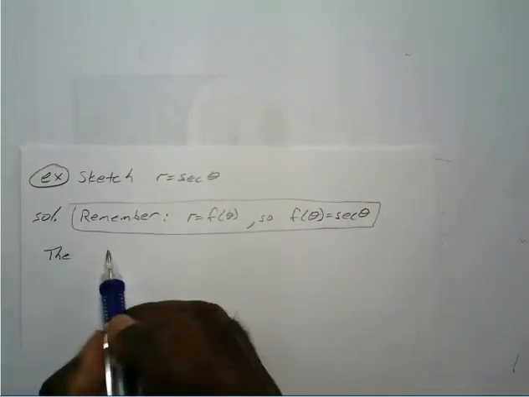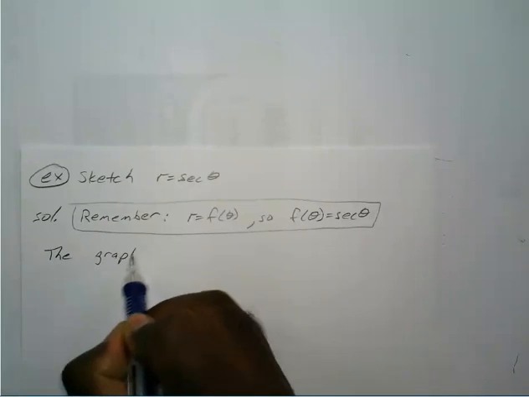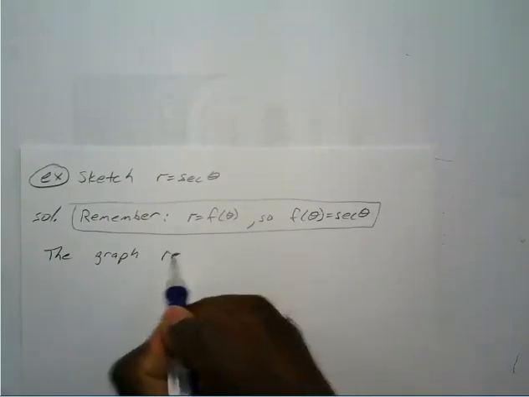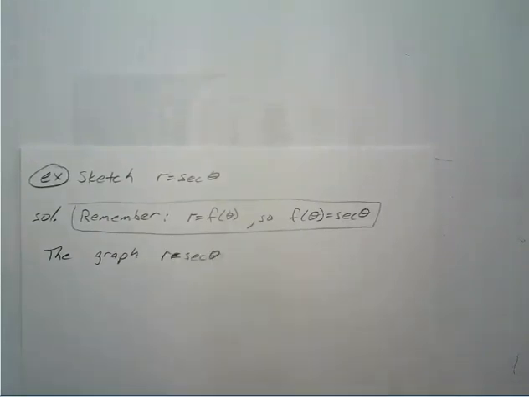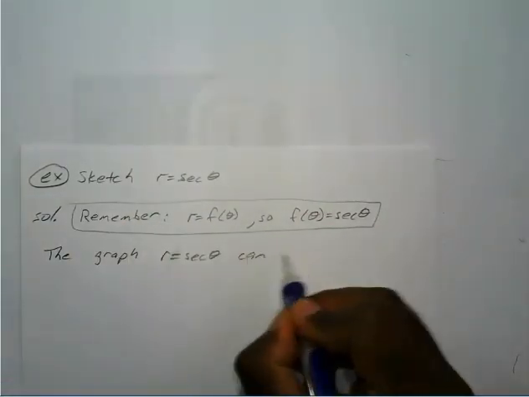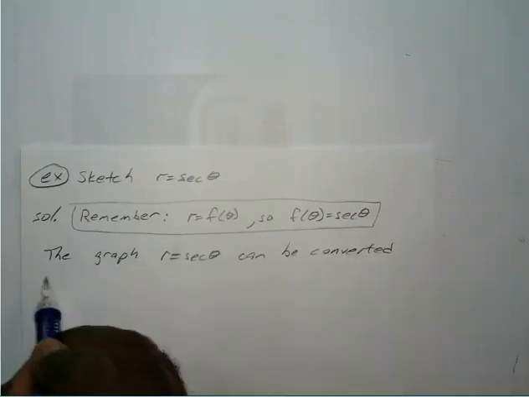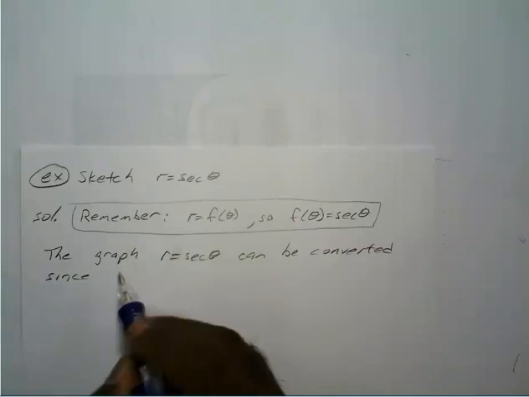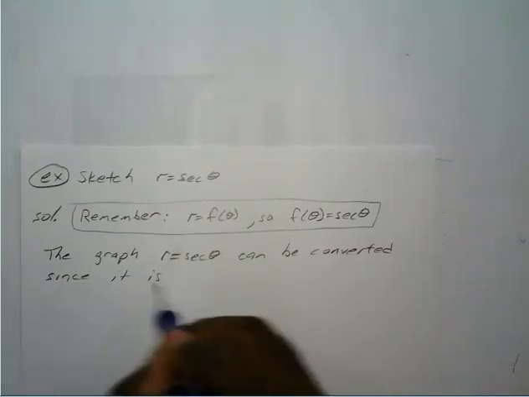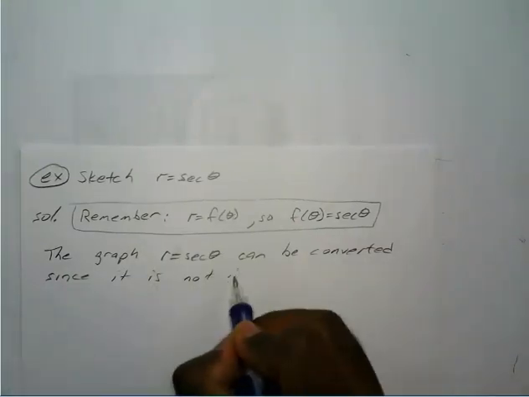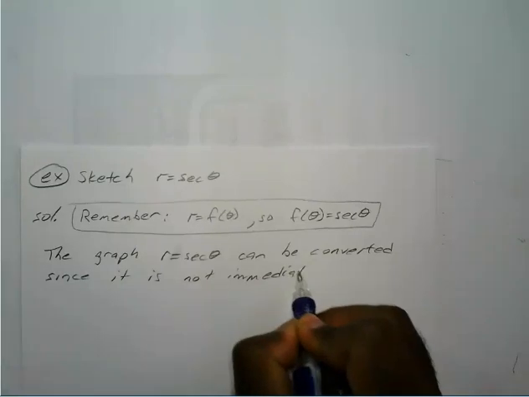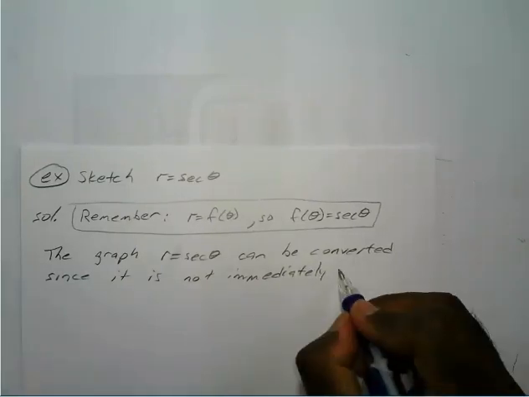Now to answer it, you know the graph r equals secant of theta can be converted, since it is not immediately obvious.